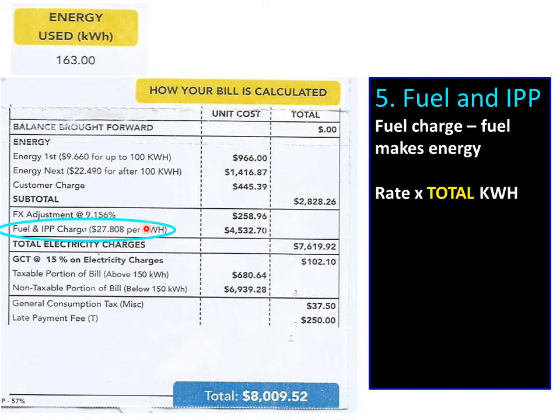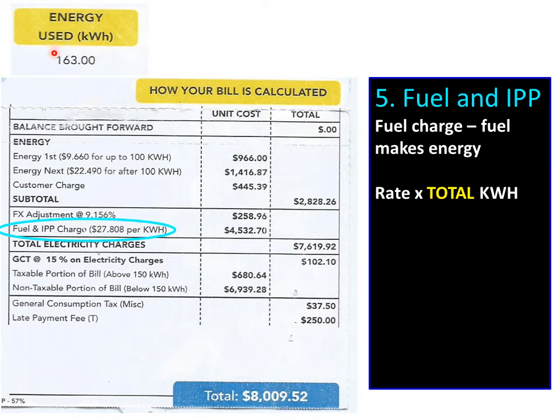So if you use 20 kilowatt hours, you multiply the monetary value by the 20. If you use 50 kilowatt hours, you do the same thing. If you use 1 million kilowatt hours, you multiply that value by the $27.808. How much energy did we use up again in this month? 163 kilowatt hours.